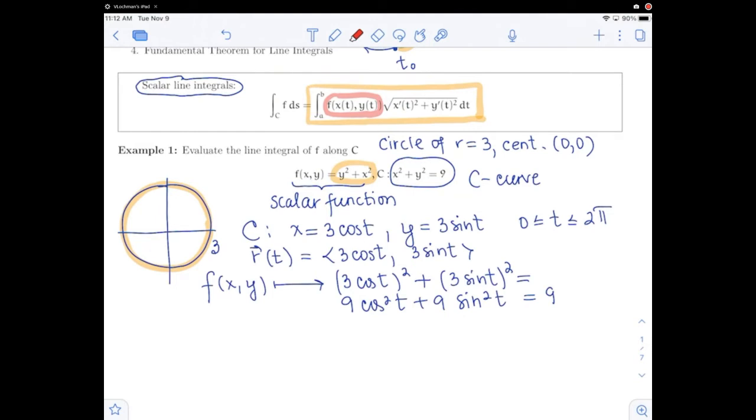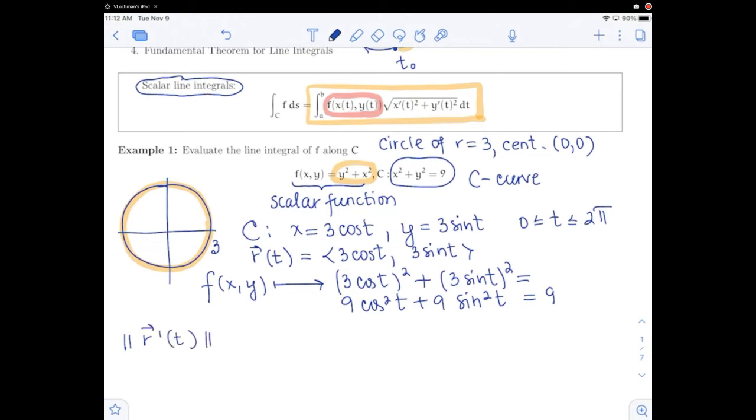Okay, so now we need that length of the curve, right? That's what the other part is. That's just the magnitude of the velocity, which is just the speed of the object moving, right? So here we go. So what is it that we need? We need the magnitude of r prime of t. That's all it is.